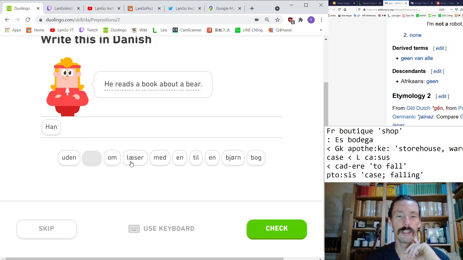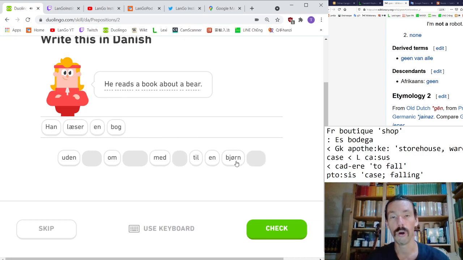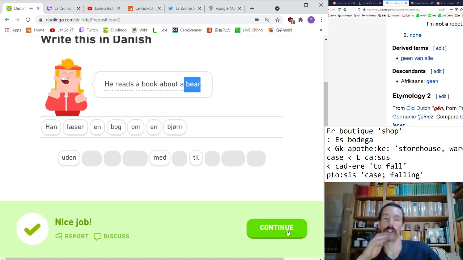Han læser. With the ash ligature for A for the umlauted. Oh, is it umlauted? It's whatever it is. En bog. About a bear. Indefinite. En bjørn. Bjørn. Back model stop. I think that's the stød.